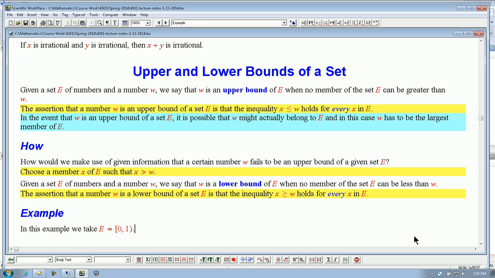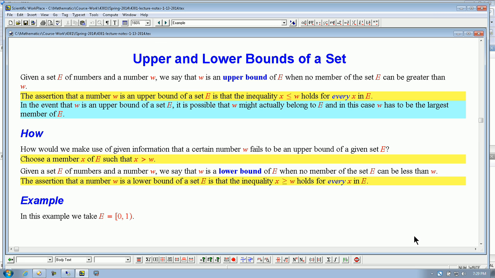I'm going to ask a question. Given W greater than or equal to 1, true or false, the number W is an upper bound of E? True or false? I think it's obviously true, isn't it? Because if the number is greater than 1, it's greater than or equal to every number in the interval running from 0 to 1.